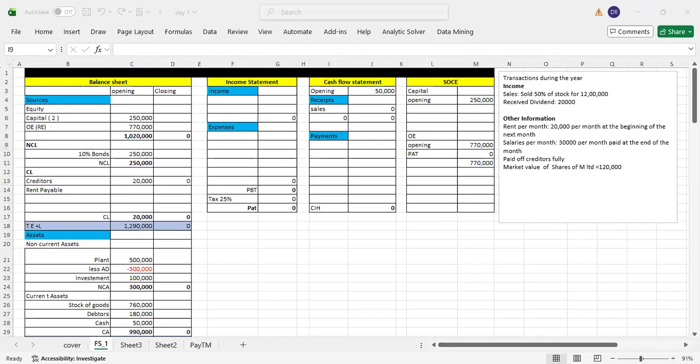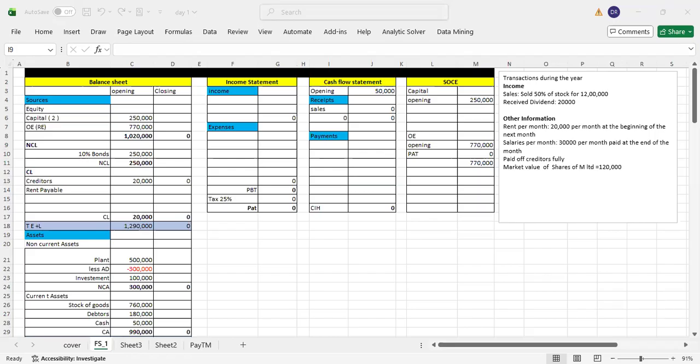This is a hypothetical company called ABC. The opening balance sheet is given here, which can be called the closing balance sheet on 31st March 2024, which is the opening balance sheet for the year 24-25.